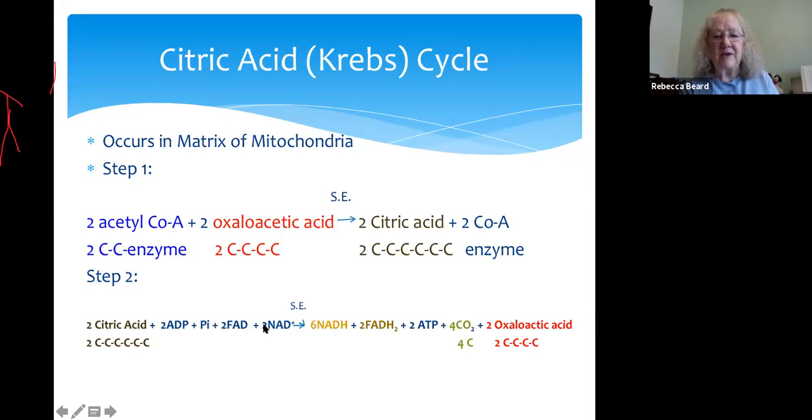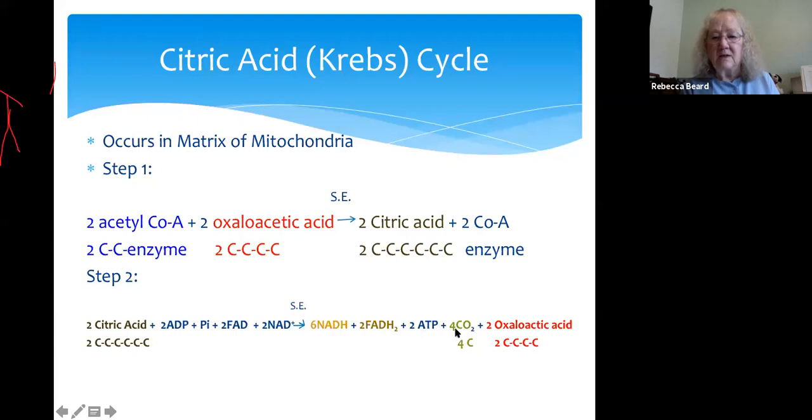So ignore that too. And so we're going to end up with 6 of the NADH, and 2 of the FADH2. And we're going to make 2 ATPs of energy. So that comes about here.